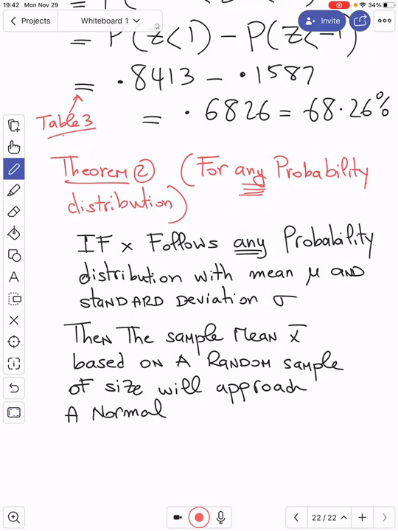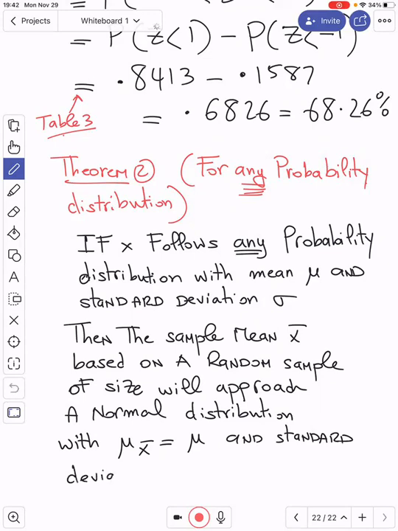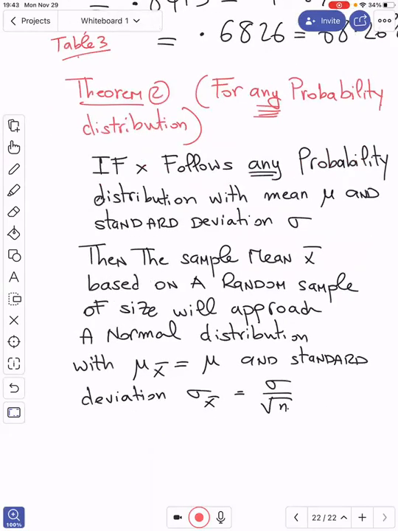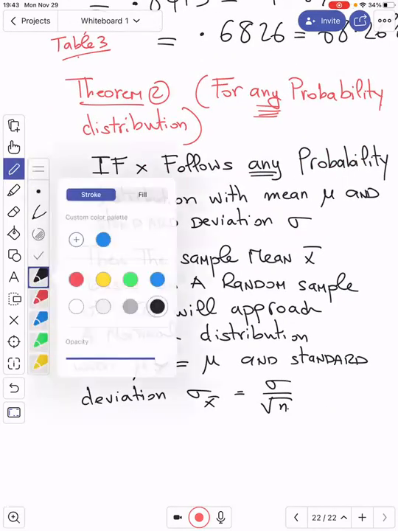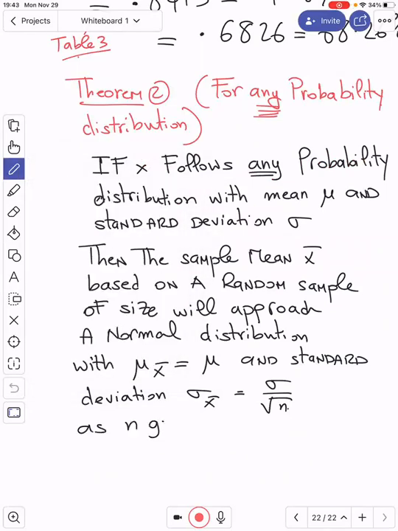It will approach a normal distribution with the same mean mu and standard deviation sigma over square root of n, as the size of the sample gets large.